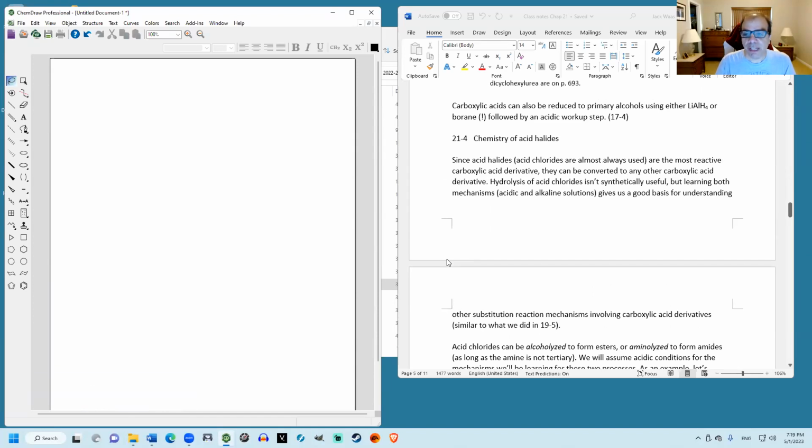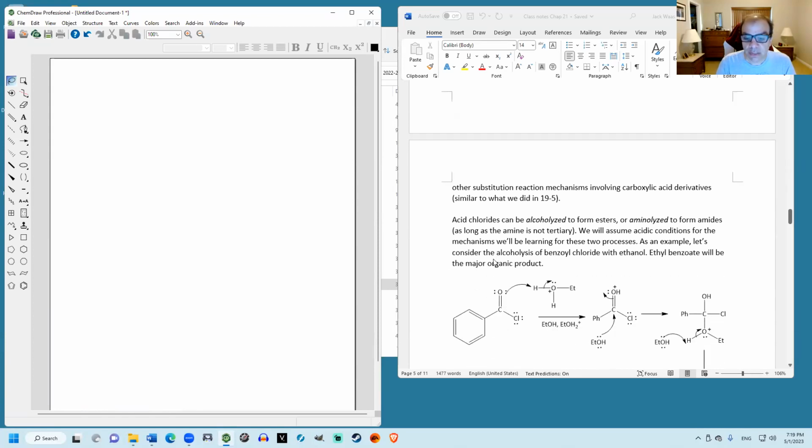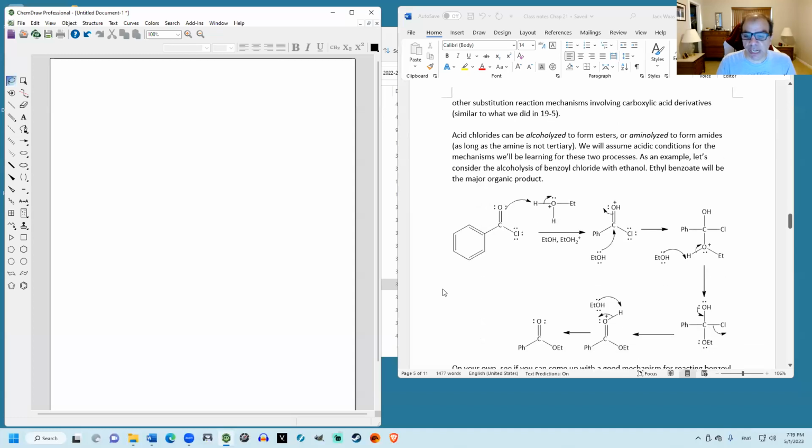Section 21.4 is probably the main section of this chapter, I would say, the one that's the most important, because that section is referred to quite a few times in subsequent chapters. In fact, we referred to it today. So acid chlorides can react with alcohols in either acidic or alkaline medium in order to give esters.